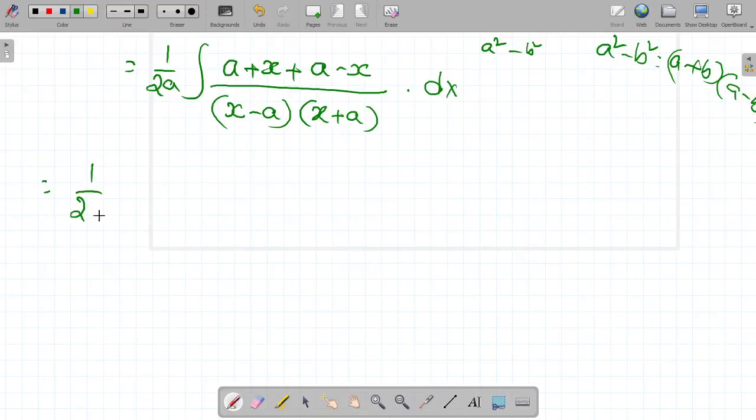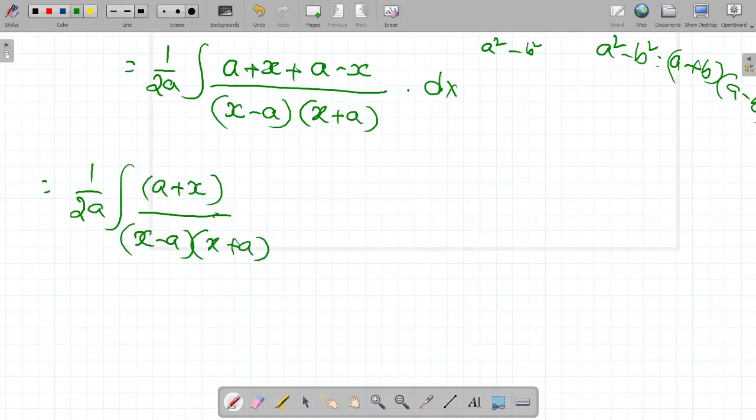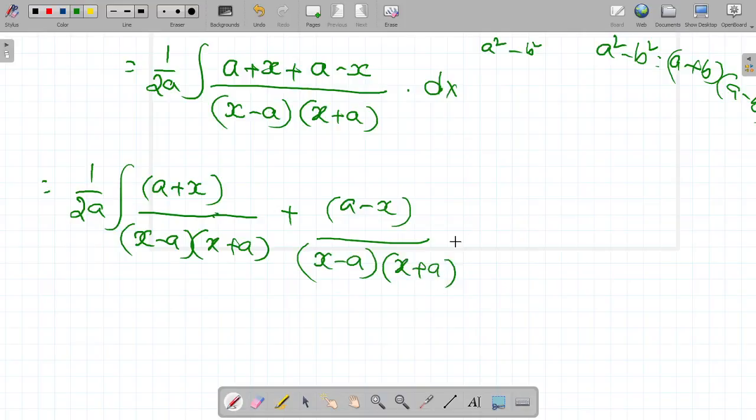1 by 2a integral of a plus x by x minus a into x plus a plus a minus x by x minus a into x plus a dx.